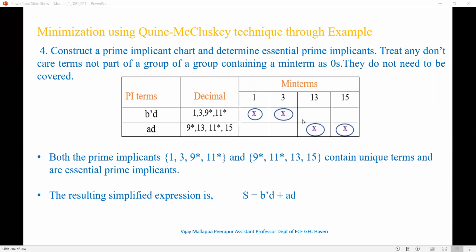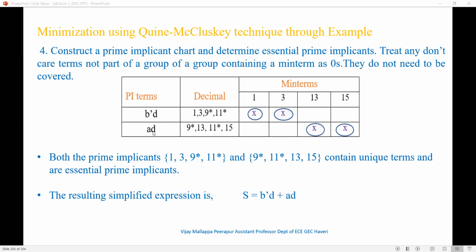So we have x, x, x and x. As you can see here, there is one x in each of the min terms, so these 2 groups of 4 min terms are essential prime implicants.